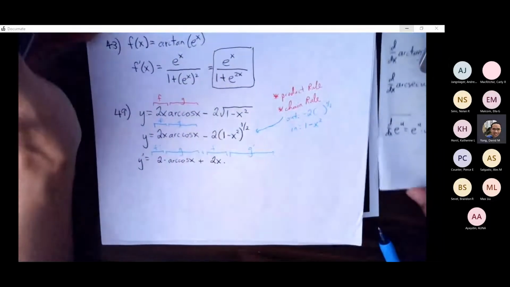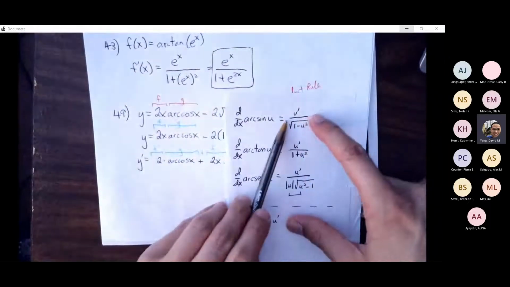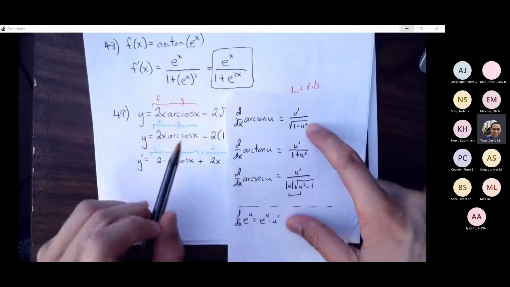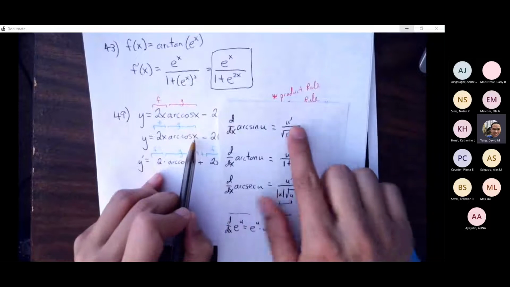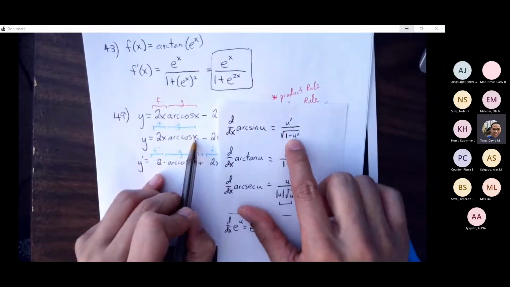So g prime, arc cosine of x. Arc cosine of x derivative is the same as arc sine. It's just there's a negative in front of the derivative here. So negative u prime over the square root of 1 minus u squared. My u value is x. So negative 1 over square root of 1 minus x squared.